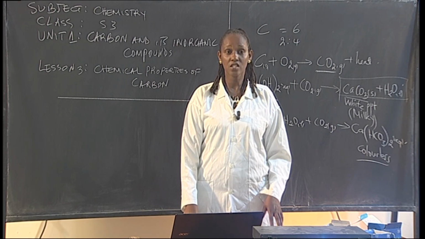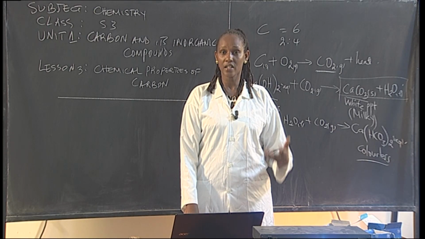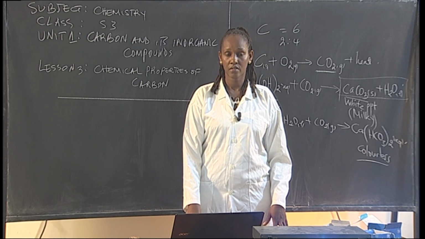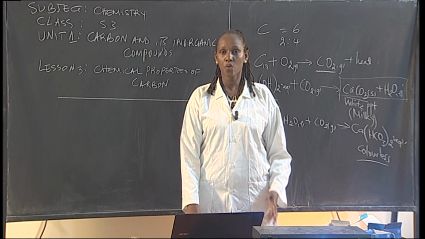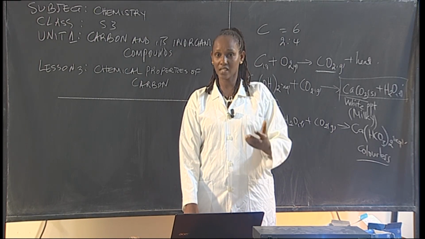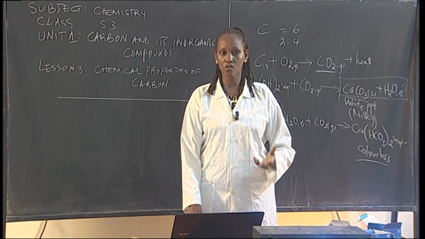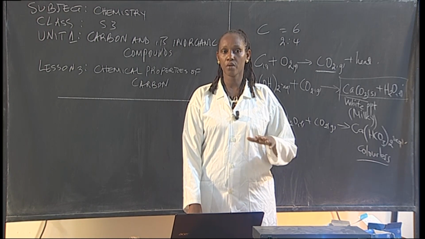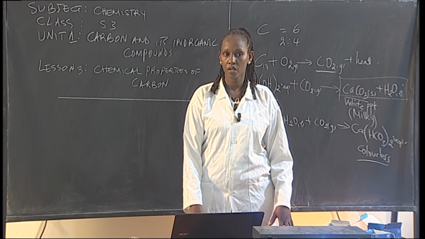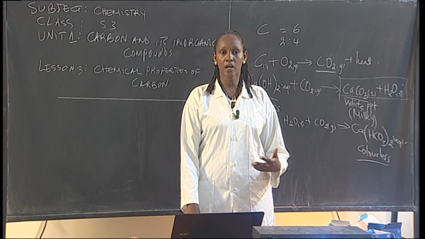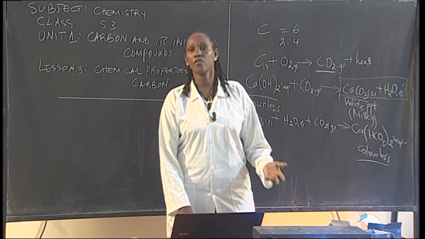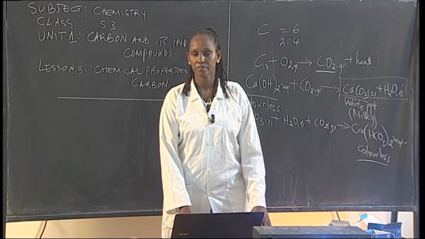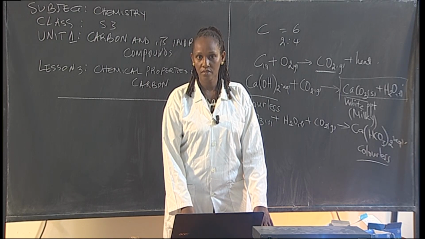So when there is burning charcoal, that is carbon, and you pass carbon dioxide over it, the fire will go off. A gas that is produced with a blue flame is carbon monoxide. All right? Good.